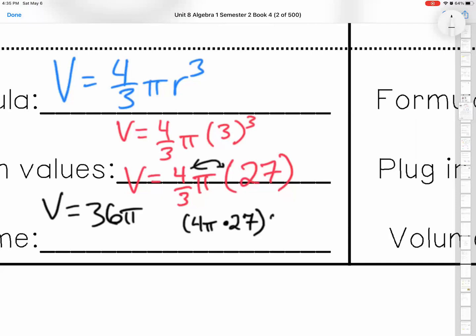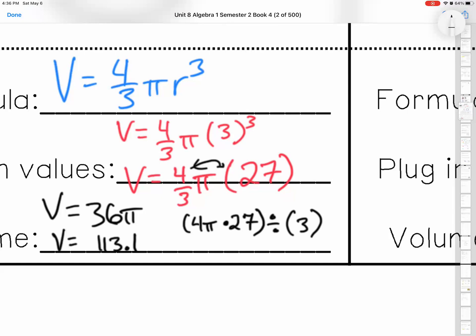And then we're going to click the division key, which creates that fraction that we want. And then open parenthesis, 3, close parenthesis. And then when we enter that, we end up with 113.1 for that spherical volume.